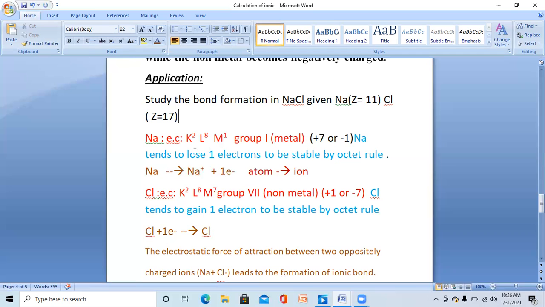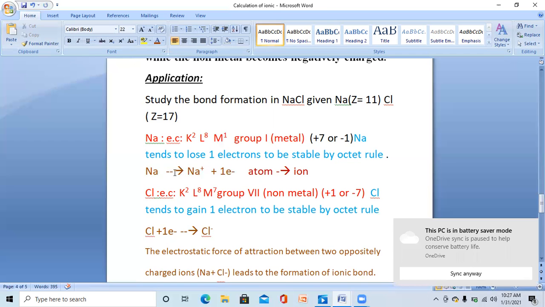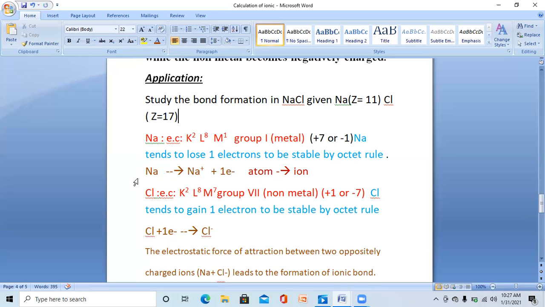The ionic charge is plus 1. So Na, arrow, then the ion, which is Na plus. So we put the atom Na, an arrow, then the ion Na plus.